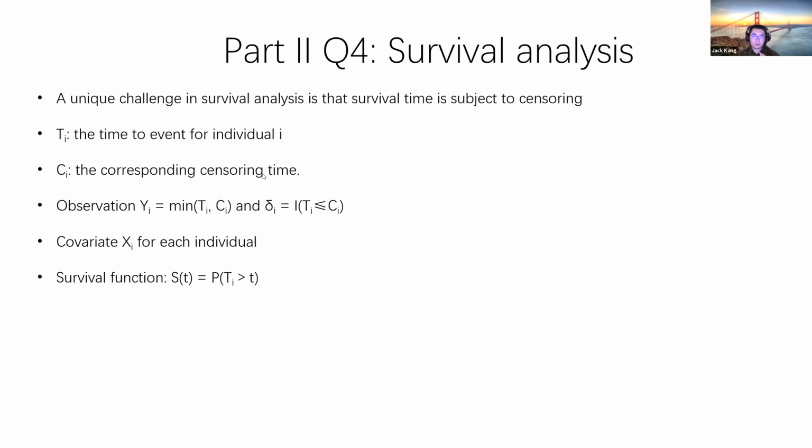You should consult the documentation for ggsurvplot. There's a very convenient option, and if you set it to be true, it will perform the log rank test for you and print out the p-value. A significant p-value suggests, as in this case, that the survival function is significantly different between males and females. And for question 5, we move to another popular area of survival analysis, which is Cox regression.